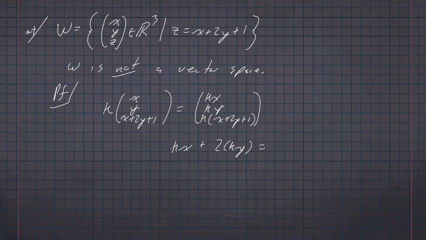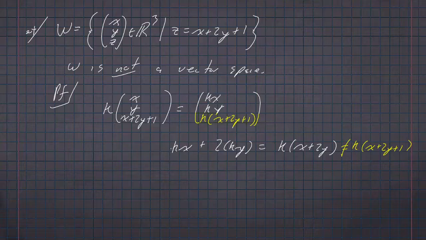And we could factor out the k, and we would get k times x plus 2y. But that's not what we have down here. We have k times x plus 2y plus 1. So k times x plus 2y, I think you'll agree with me, is never the same as k times x plus 2y plus 1.